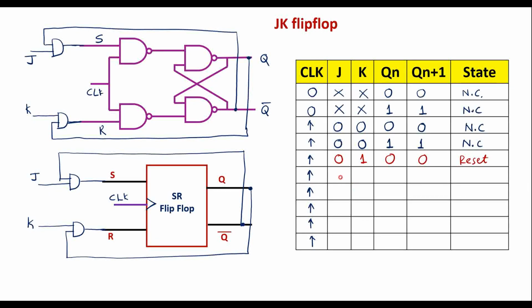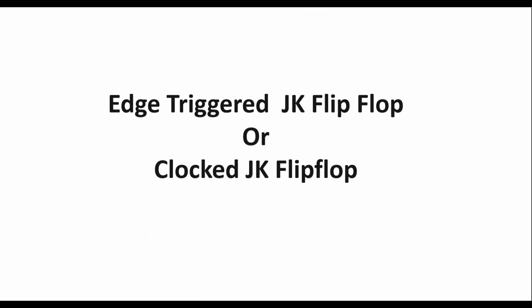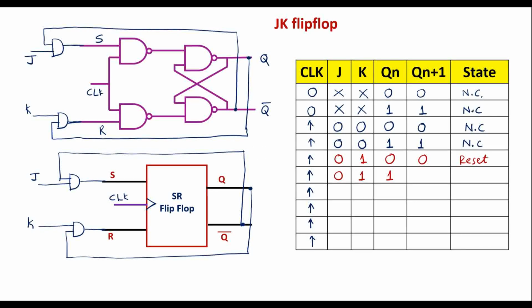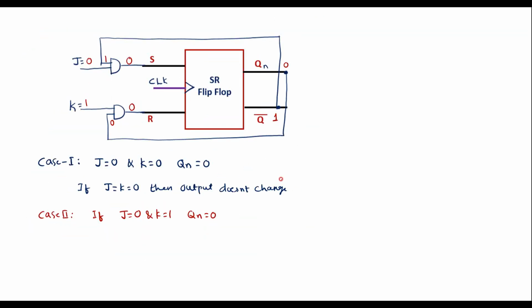So suppose J is 0 and K is 1, and we consider the present state of the flip-flop is 1. So let me take J equal to 0, K equal to 1 and Qn equal to 1. If Qn is equal to 1, then Q bar will be 0.